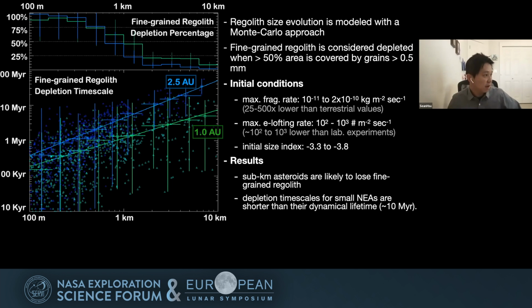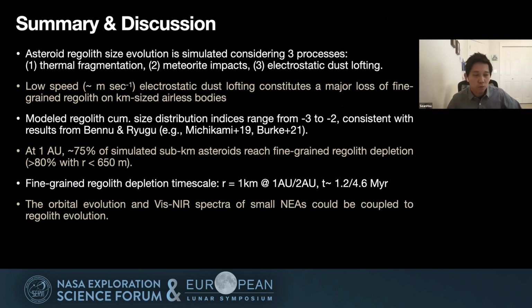This is the summary slide. We consider 3 processes as discussed, and the new element is the electrostatic lofting, which removes small particles and is only effective on very small bodies. The size distribution we derive is roughly consistent with the in situ measurements reported from the OSIRIS-REx and Hayabusa 2 missions.